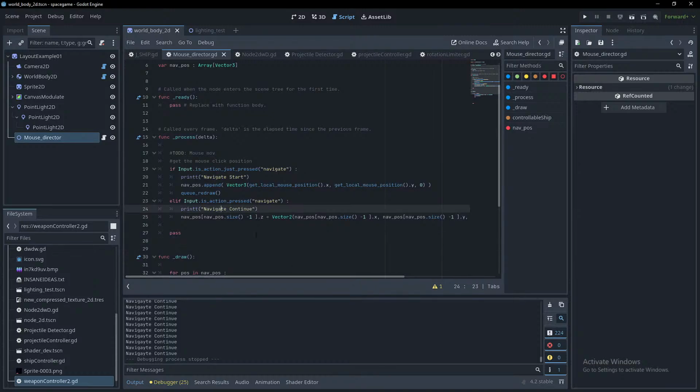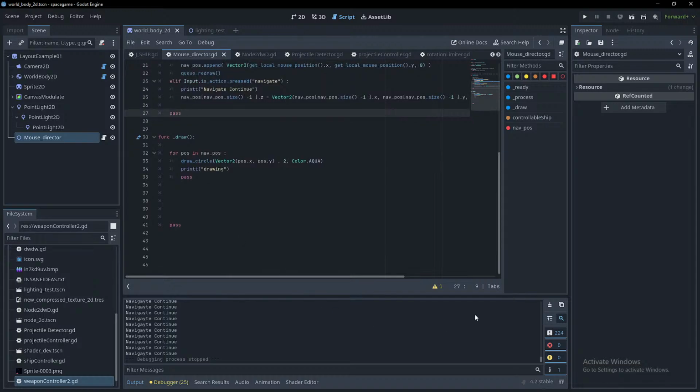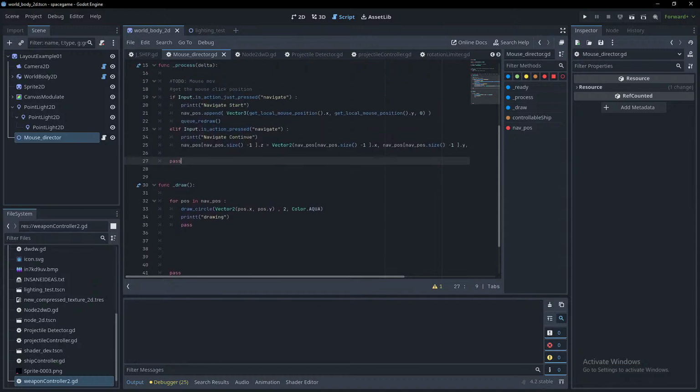And that was not intentional. I mean, technically, it's pronounced the exact same way. Then we're going to do a draw line.